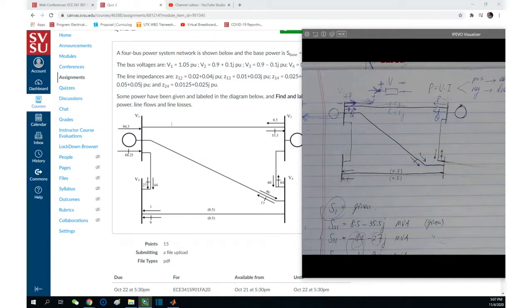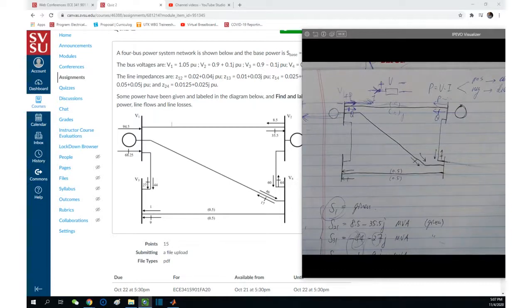How would we denote if the line is negative J? What does this mean? The line is negative J. What does it mean the line is negative J? Like a capacitive line instead of inductive line. Are you two talking about the same thing or never mind? Okay.